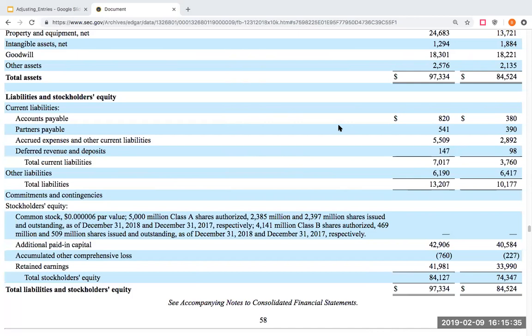These are all obligations that I need to meet within the current year. The $7 billion has to be paid within the year. Then below this, I get to other liabilities, so these must be non-current. Current liabilities are those I have to pay within the year, and other liabilities are just beyond that.